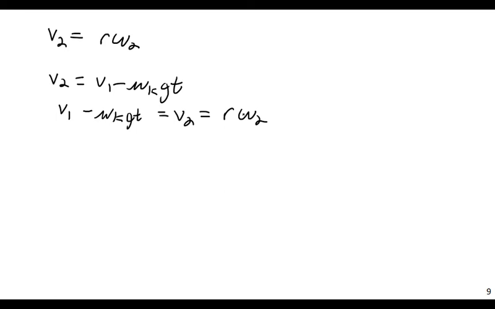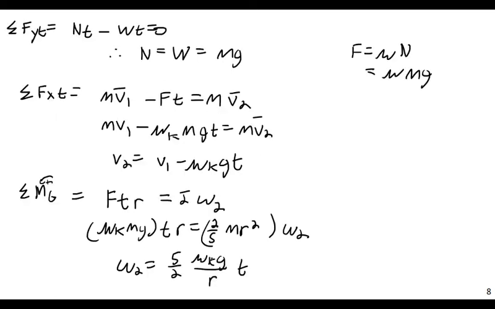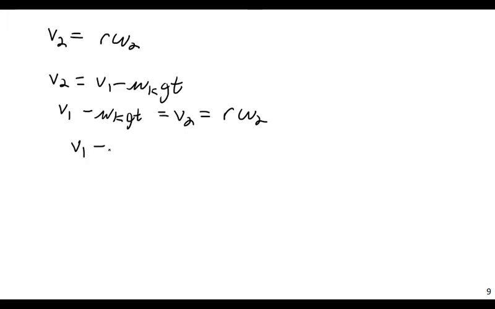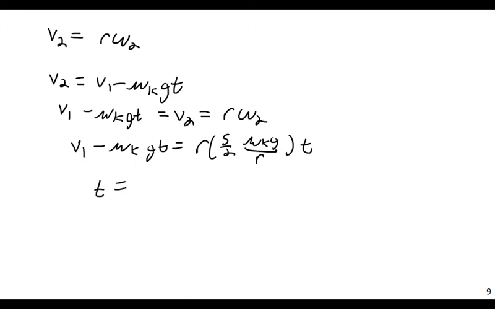And if I replace omega 2 with my expression here for omega 2, I can have this reduced to v1 minus mu kinetic g t is equal to r times 5/2 times mu kinetic g over r times t. And if I solve this for t, which is what I'm after, I'll find that t is equal to 2/7 times v1, the initial velocity, divided by mu kinetic times g.